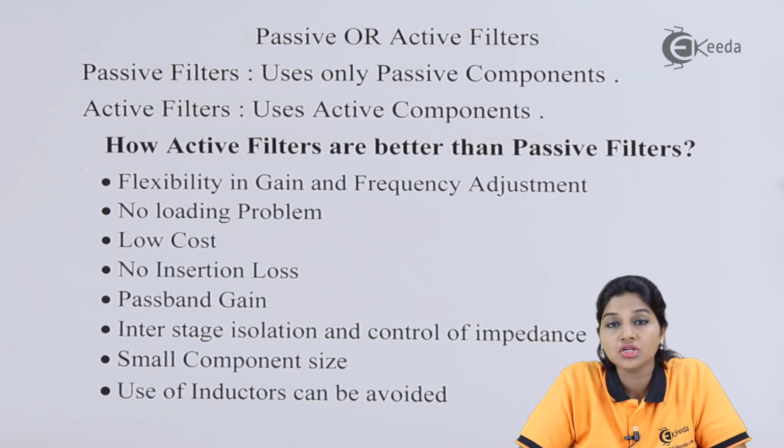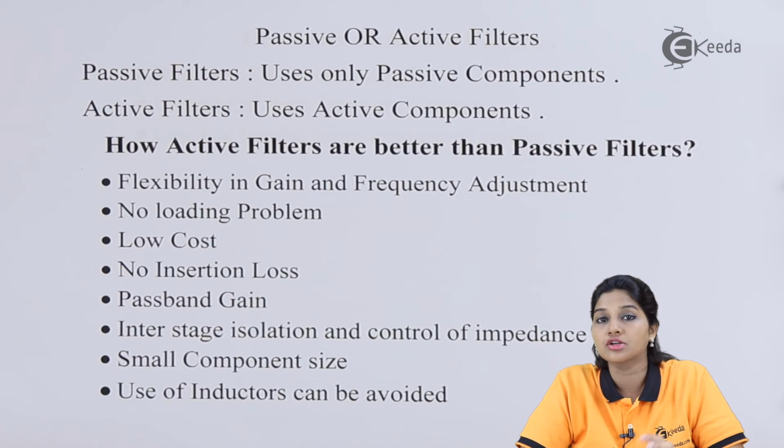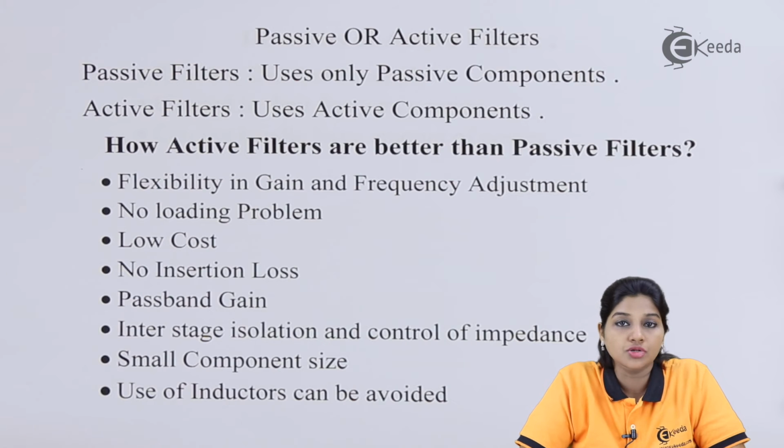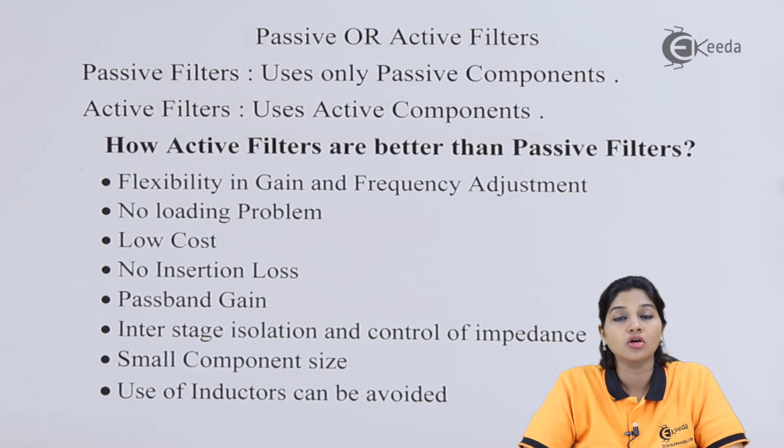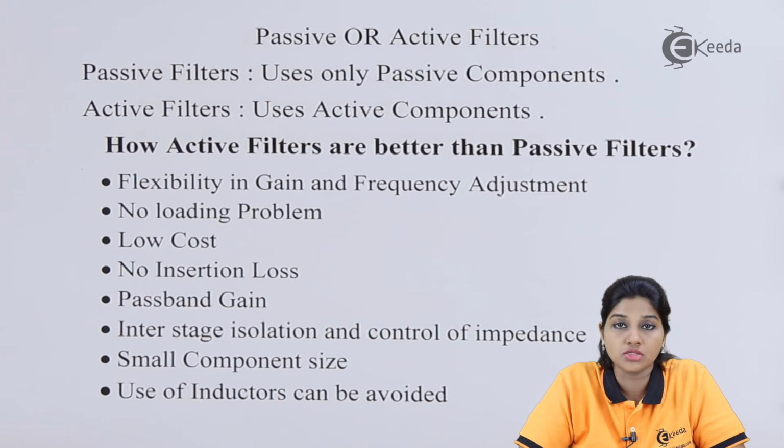As op-amp is used and the gain bandwidth product of op-amp has some finite value, the size of components is reduced in case of active filters, which is not possible in case of passive filters, because the size of inductor may increase depending upon the frequency. That will increase the component size, circuit complexity and size of circuit. So if we are using active filters rather than passive filters, the size of components is reduced.